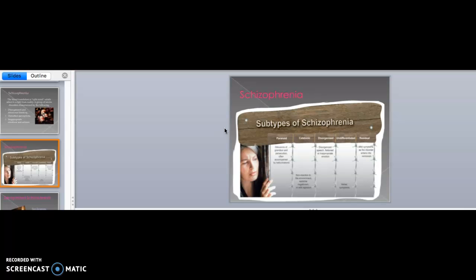This is very biological, so it could be associated with an overactivity of dopamine. Dopamine's been the primary neurotransmitter implicated in schizophrenia. So a lot of times dopamine-reducing drugs can give a person with schizophrenia a pretty good outlook on treatment.